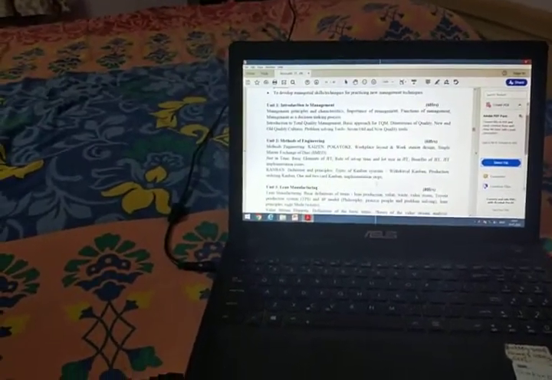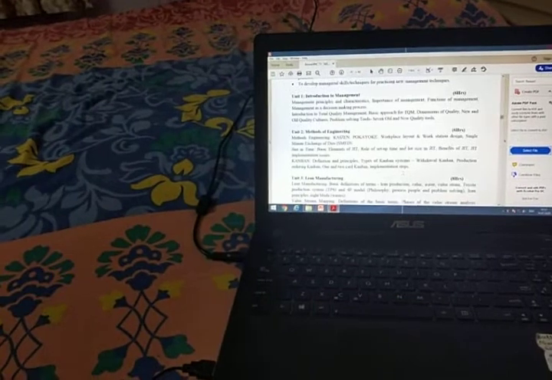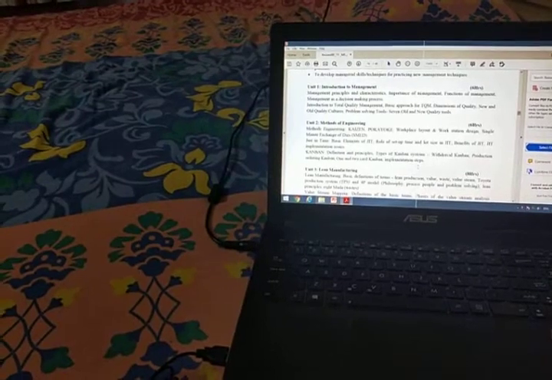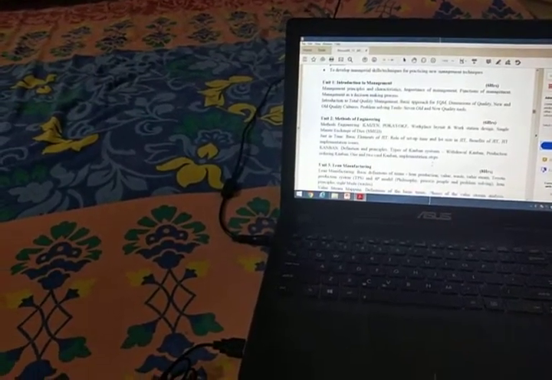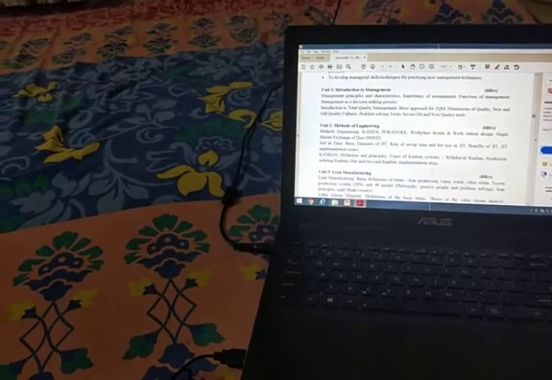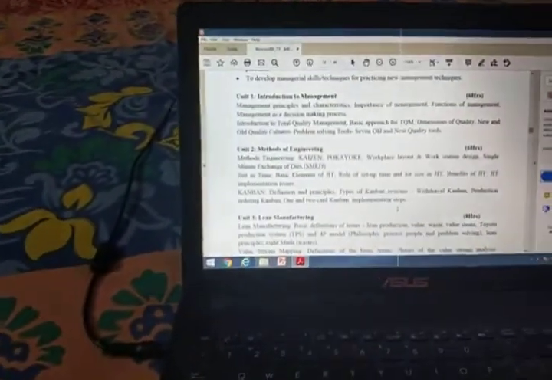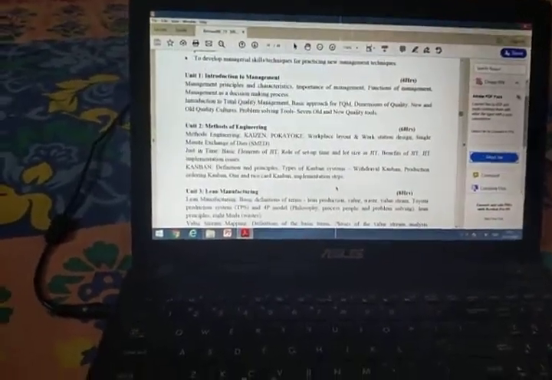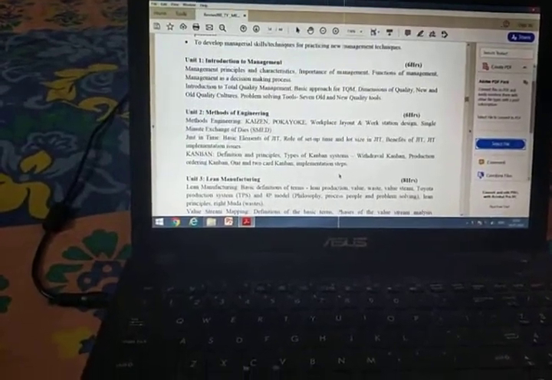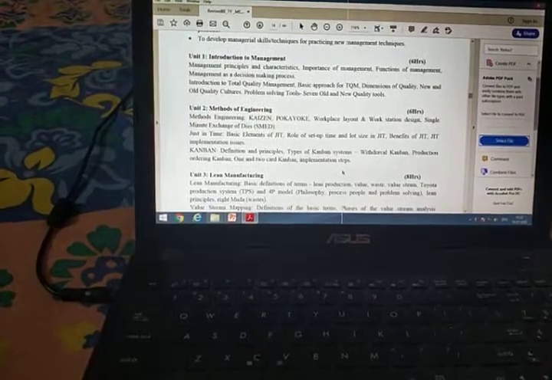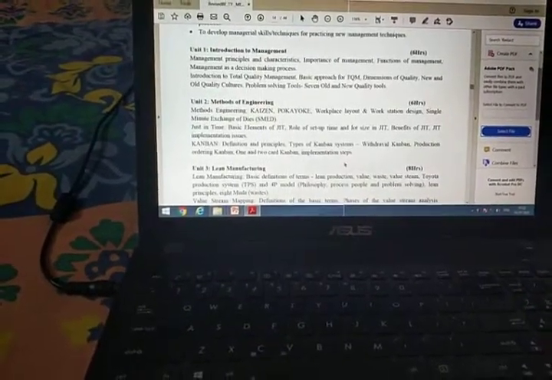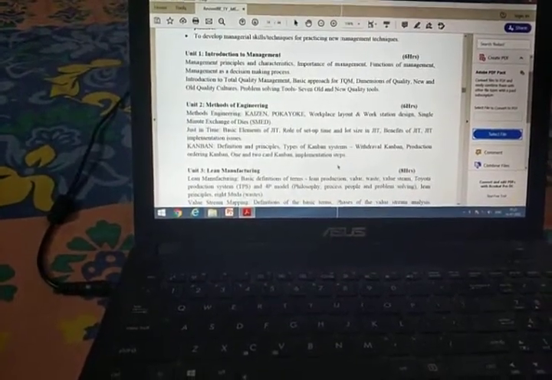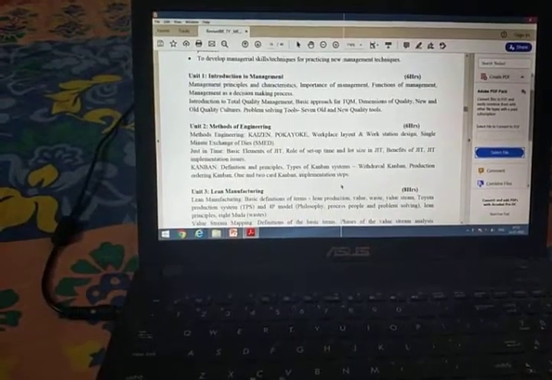Then what is meant by total quality management, why it is required, the approach to TQM, dimensions of quality, and what is quality culture. Then we have to learn different methods of engineering, means Kaizen, Poka-yoke, where an engineer may give a proper role, workplace layout and workstation design, SMED, single minute exchange of die, just in time, Kanban, where an engineer can focus and can increase the productivity of the organization.